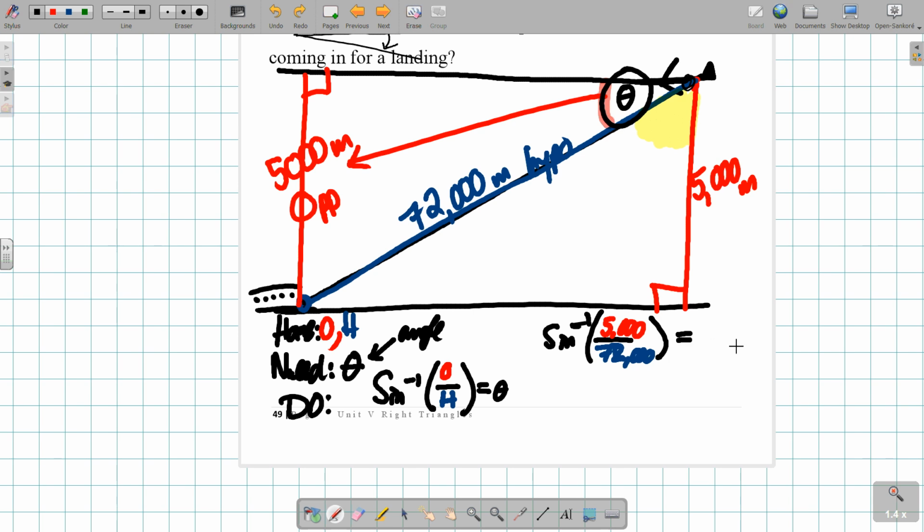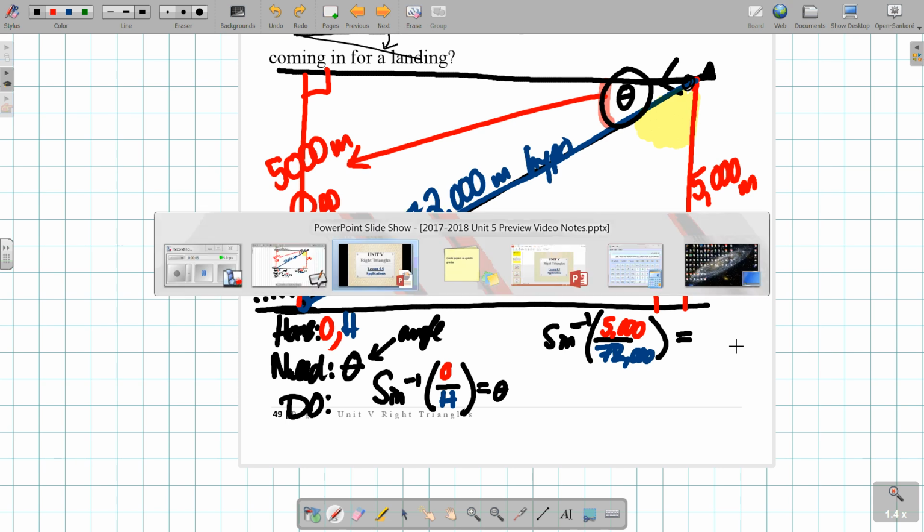I'm going to pause 20 seconds here. You get your own calculator, calculate that theta, and then match it with mine. Let's see how you did.